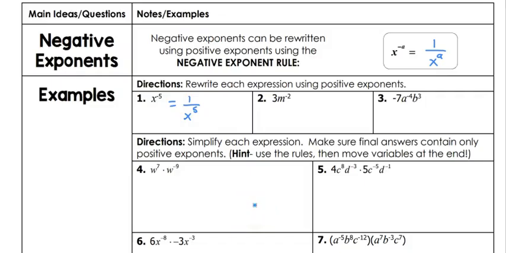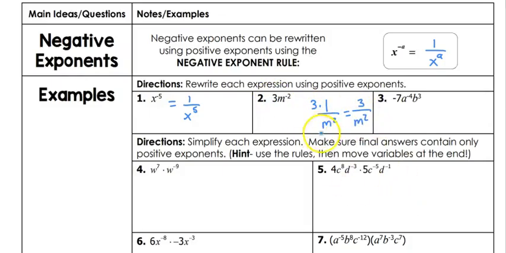Okay, now when they put a coefficient there, the coefficient does not move with the variable. So m to the -2 is 1 over m squared, but I still have this 3 on top. So this actually simplifies to 3 over m squared.